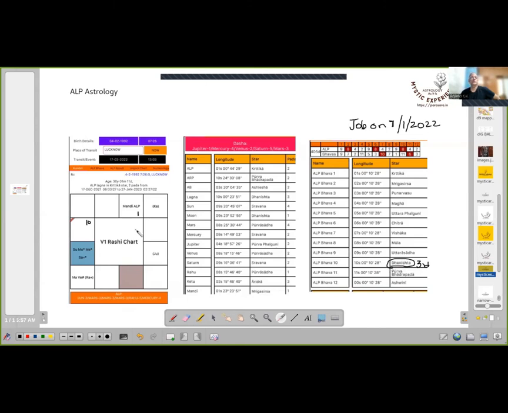Dhanishta's lord is Mars and he is in the 11th, so he's on the positive side. So he got the job and he's working there. And a hard job, yes, he himself makes it hard because he is the owner of the first and the 12th. So that also indicates he got the job. It's as simple as this to find a job using ALP.